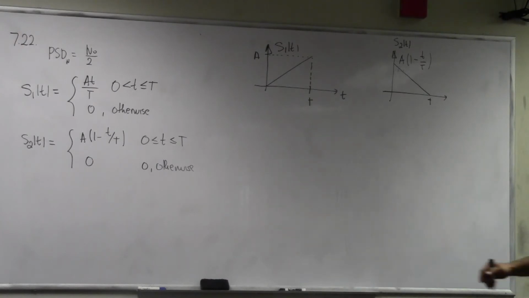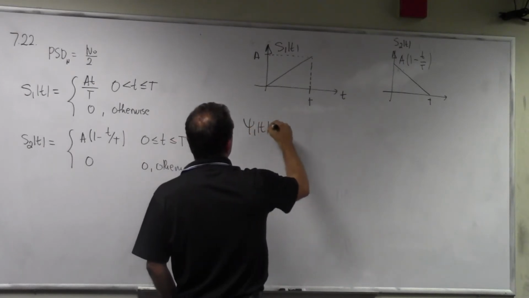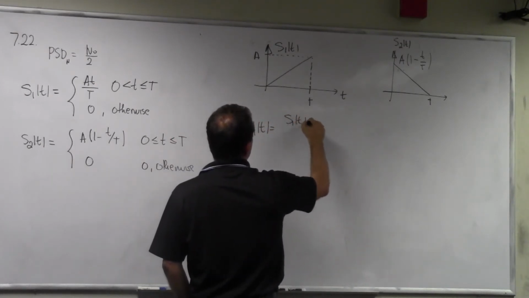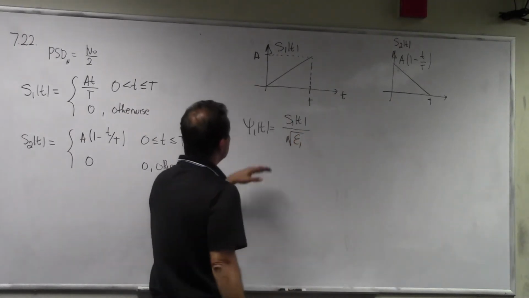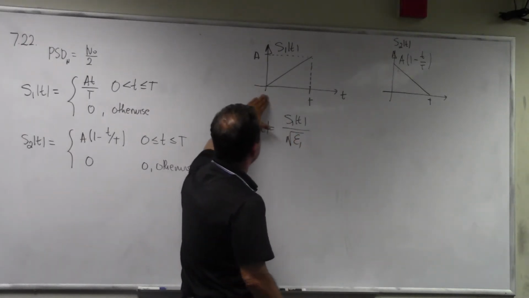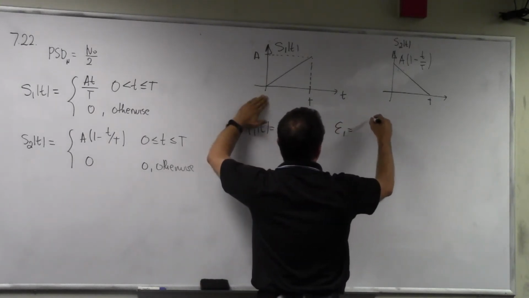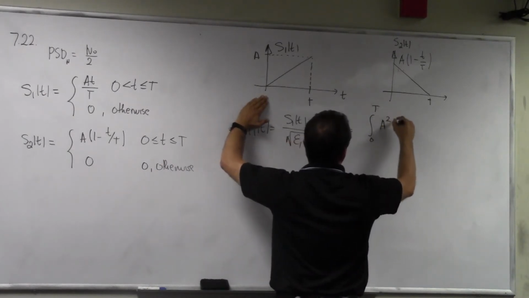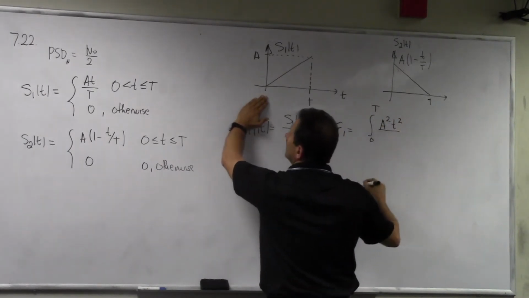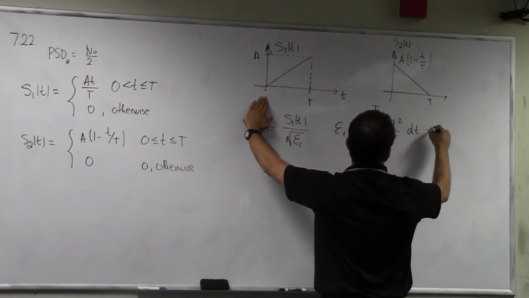Let's just do Gram-Schmidt orthogonalization. Let's say psi 1 is going to be S1 of t divided by square root of energy 1. What's the energy of this signal? Energy 1 is going to be the integral from 0 to T of A squared t squared divided by T squared dt.